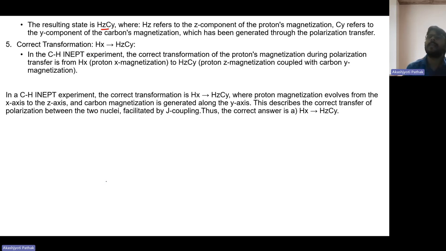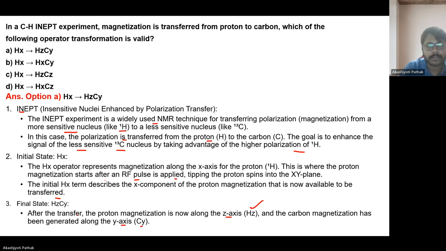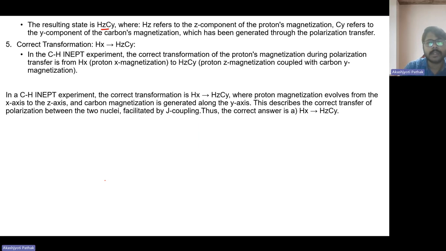Why HZCY? Because the proton, through the transfer of its nuclear spin to carbon, has got back to its equilibrium state. That is HZ. And because of the transfer, the nuclear spin of carbon is in the Y position.